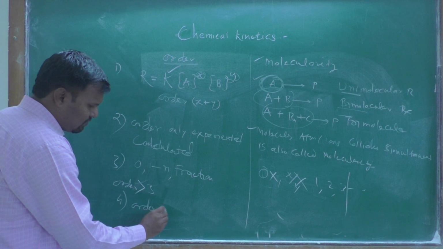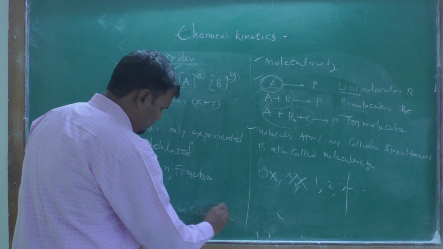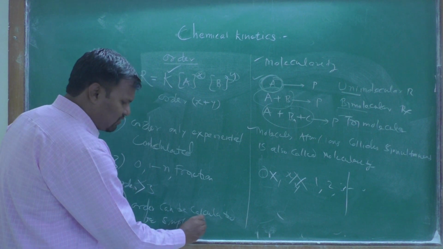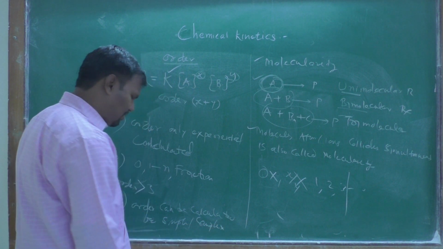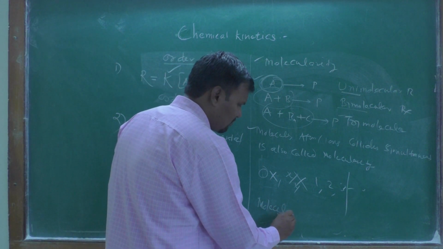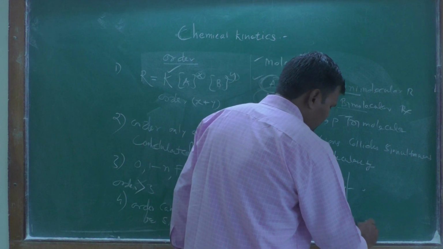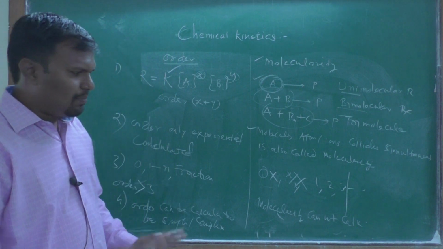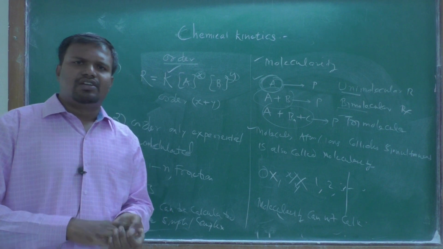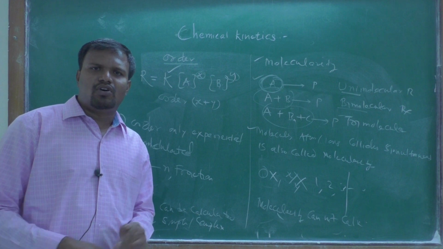Order can be calculated for simple reactions, meaning elementary reactions, as well as for complex reactions. But molecularity cannot be calculated for complex reactions. It is calculated only for simple reactions. This is the difference between order and molecularity.